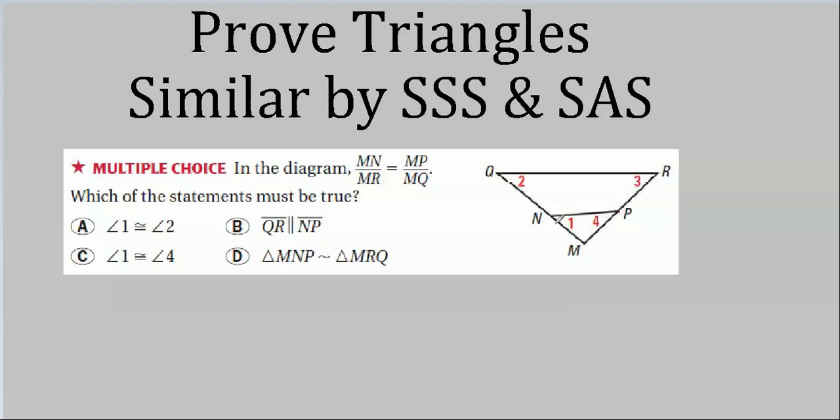Well, these two are sides of this small triangle here. These two are sides of this large triangle here. So we have two sides that are in the same proportion, the side of this triangle and this side of the large triangle, and then this side of the small triangle and this side of the large triangle, and the ratios are equal, the same proportion. Okay.